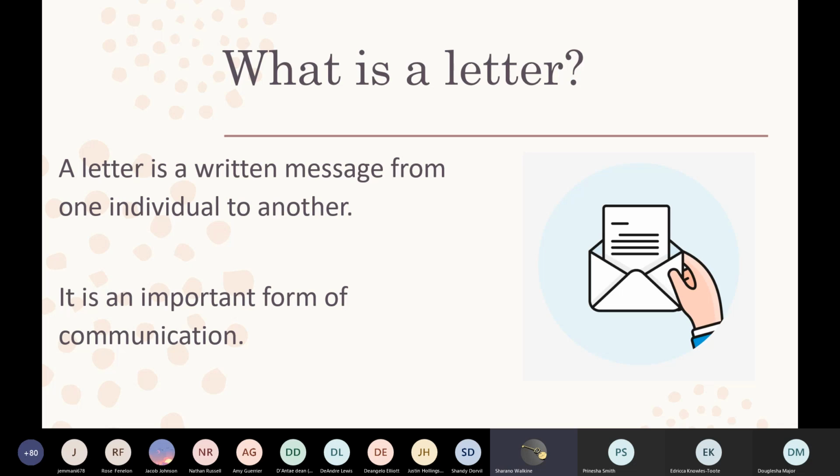Does anyone remember how many parts the friendly letter has? And what are the parts? Okay, they say 5. I'm seeing 5, I saw a 6, but mostly 5s.